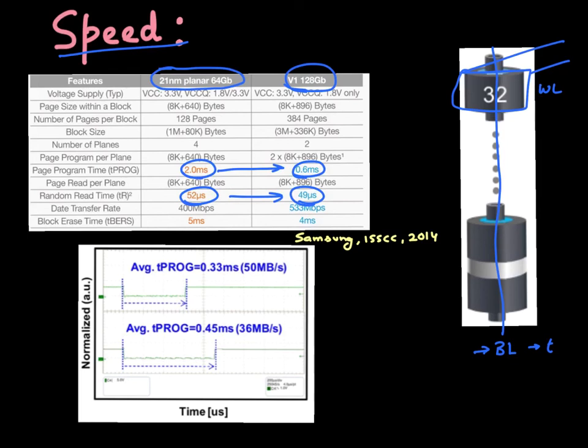But this program and read time, especially the program time in a NAND flash array, is often limited by the cell to cell interference.